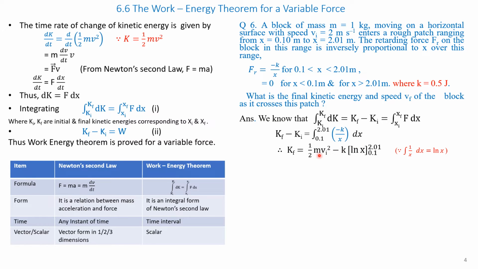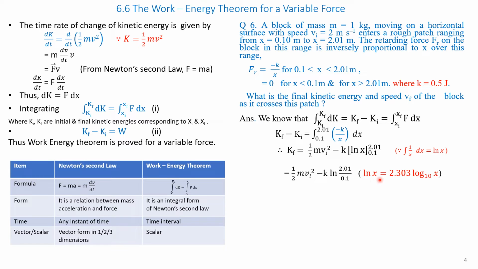Therefore Kf is equal to Ki, which can be written as half m vi square, minus the integral from 0.1 to 2.01, where small k is a constant taken outside. So the integral of 1 by x dx is natural log x between the limits 0.1 to 2.01. That can be written as half m vi square minus small k into natural log of 2.01 divided by 0.1.